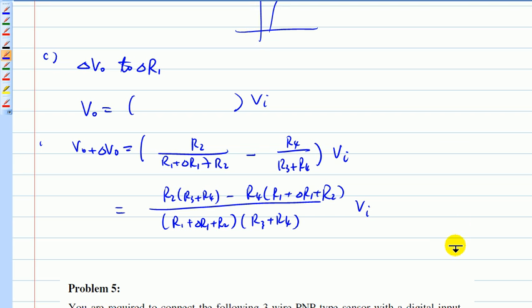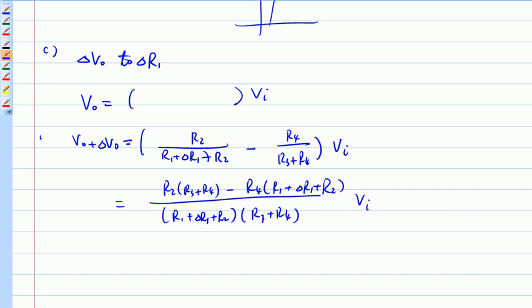Now, because initially all resistors are the same, R1 equals R2 equals R3 equals R4 equals R, you can replace all of them with R here and simplify. You will get a negative delta R1 over R0 divided by 4 plus 2 delta R1 over R0.